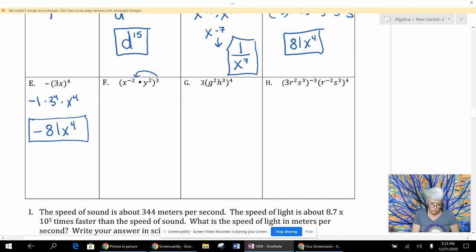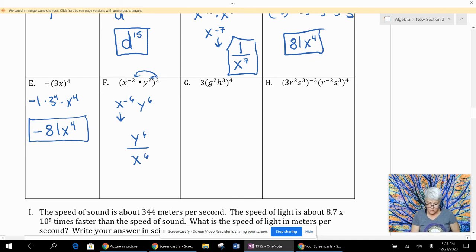Okay, let's look at this one. It's distributing that exponent all the way out. So this is x to the power of negative 6, y to the power of 6. For this one, I have to push that down: y to the power of 6 over x to the power of 6.